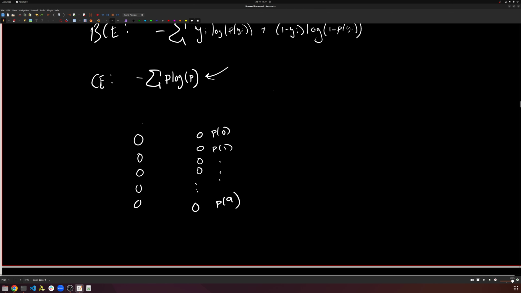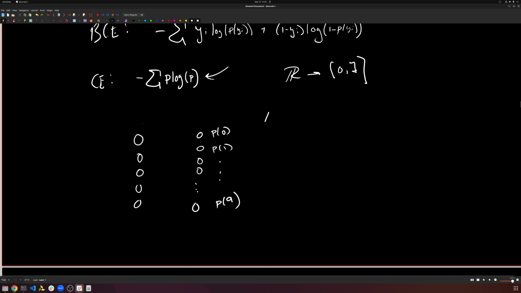But here's the problem. Our neural network can output any kind of number; any number can come out the other end. Same with logistic regression: any number comes out the other end, but we had a function that mapped the real space to 0 to 1. Now our raw outputs are typically called logits.